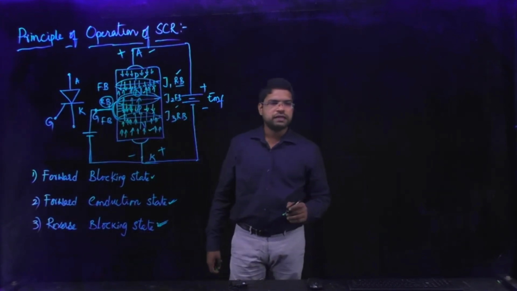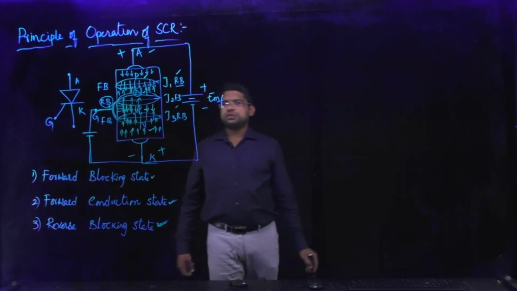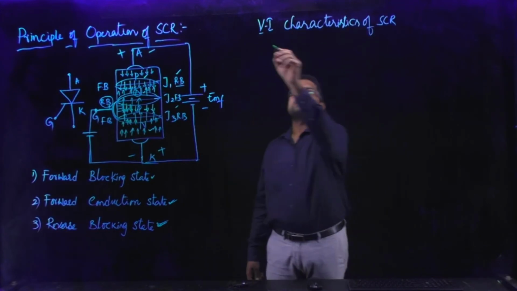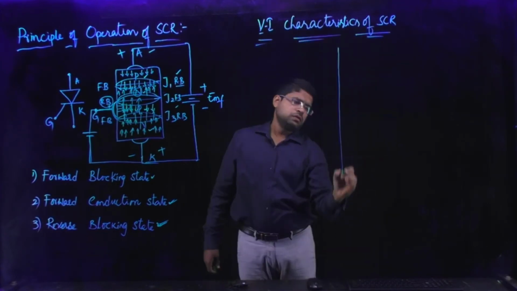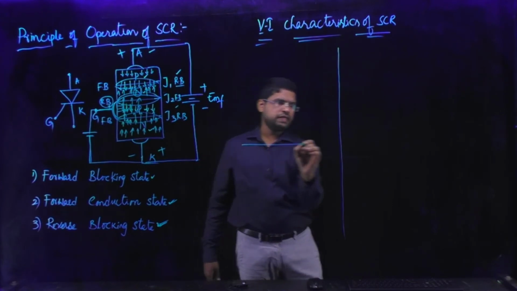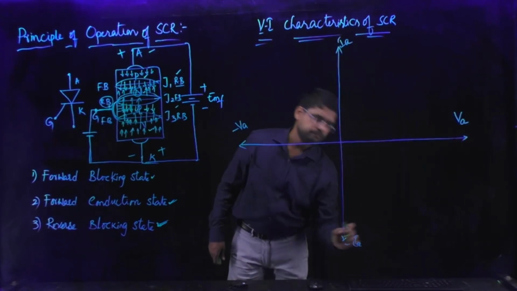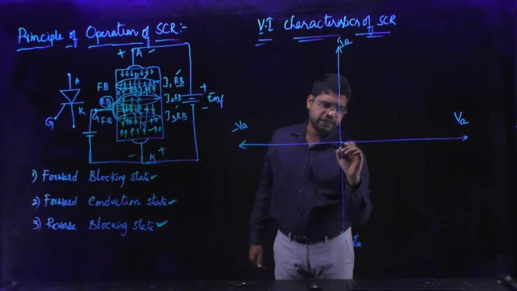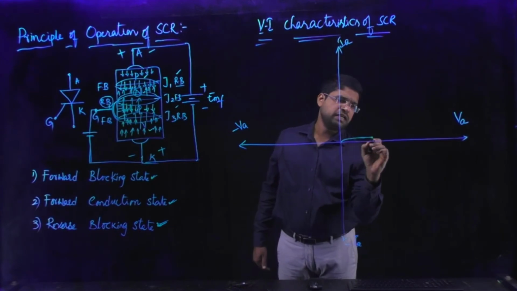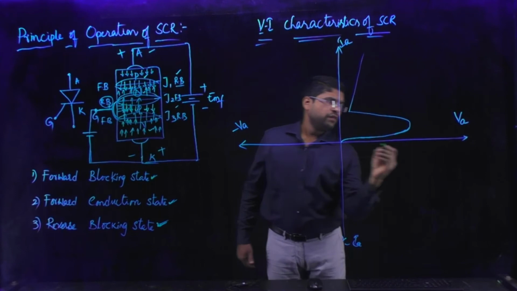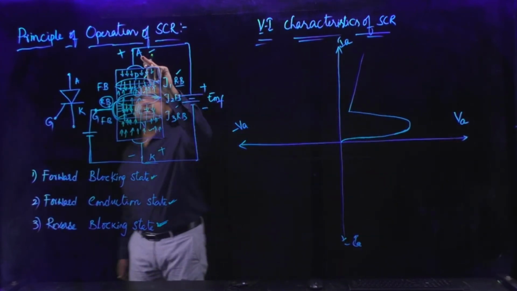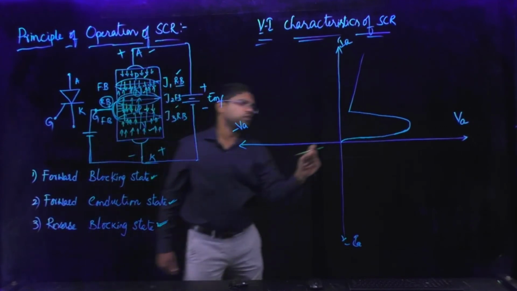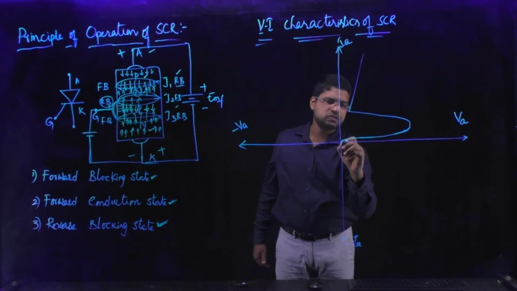Now I am going to explain the VI characteristics of an SCR. I am considering the voltage on the x-axis since it is the independent quantity. During the forward blocking state, a voltage is applied across the device, and this voltage is increasing. Whenever the positive polarity is connected to the anode, that means the higher potential is connected to the anode with respect to the cathode, the voltage applied across the anode and cathode terminals is called positive voltage.